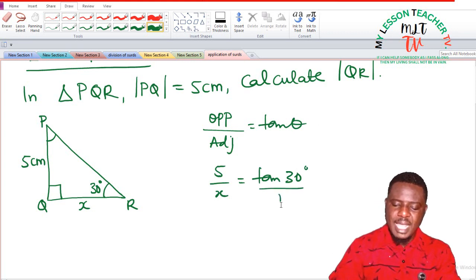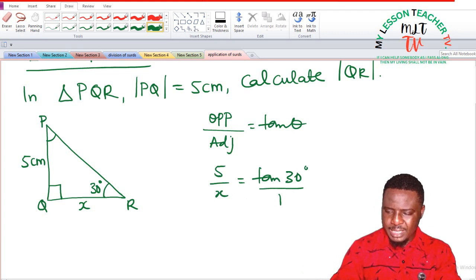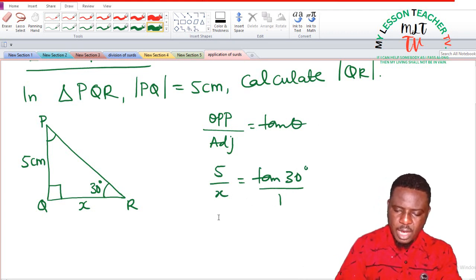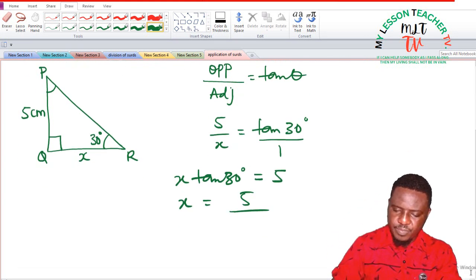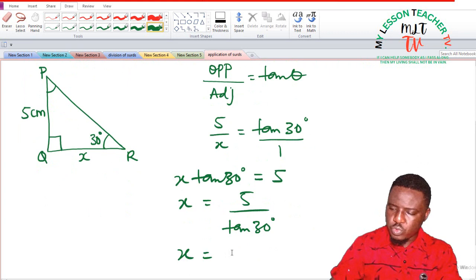So I'm going to make X the subject of the formula by cross multiplying, and then I'll get my value for X. And when you do that, you have X tan 30 degrees is equal to 5 times 1, which is 5, and X is equal to 5 divided by tan 30 degrees.